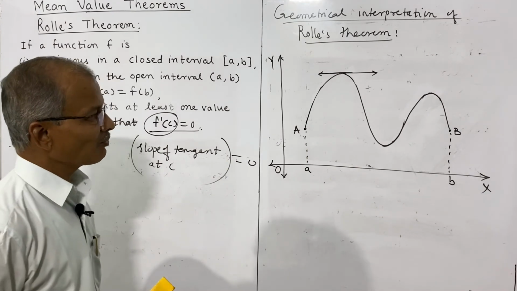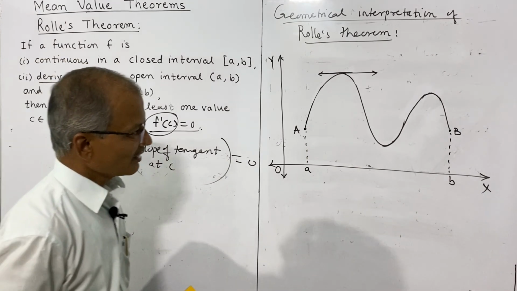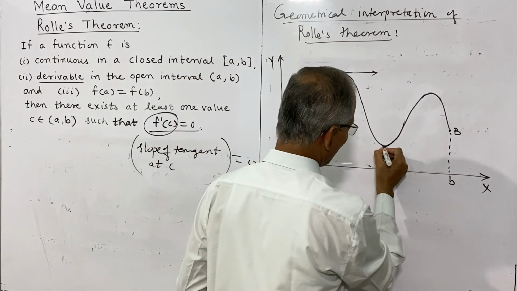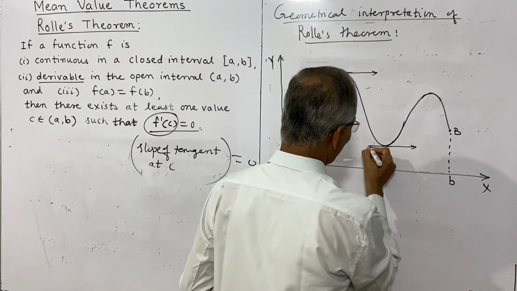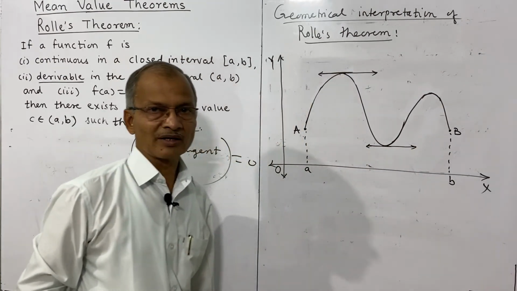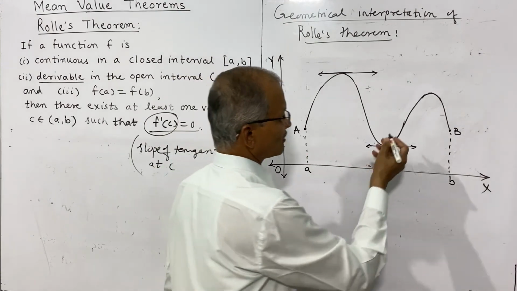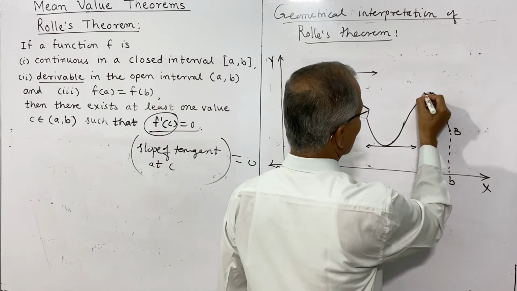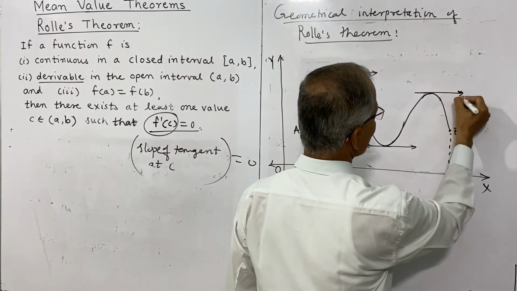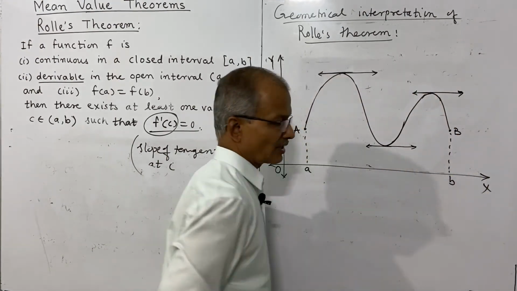And not only one point, you may observe the tangent at this point also, either maximum or minimum point, the tangent at that point is, and also this point, the tangent is parallel to the x-axis.